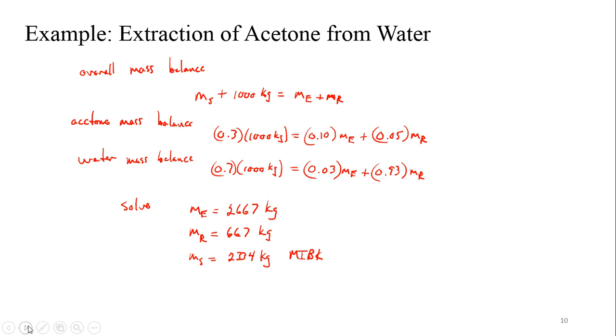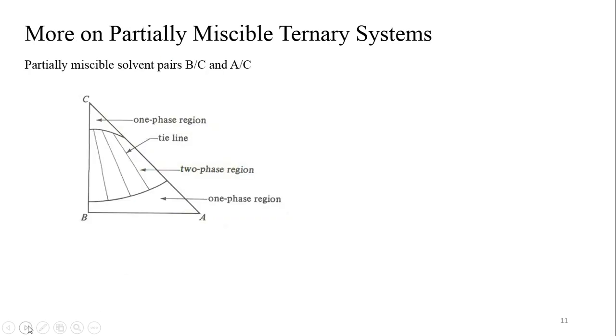Let's take a look at other types of systems. We looked at one type of phase diagram, with a single phase region and a two-phase region. But there are other possibilities, even with just three components. Shown here is another case where you see some miscibility between various pairs.